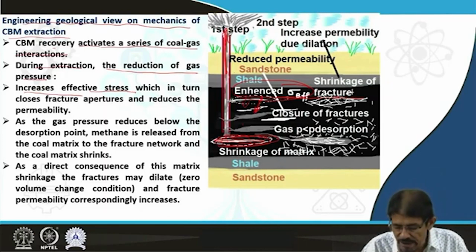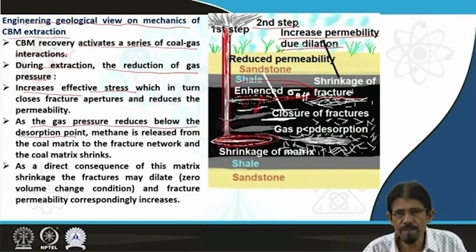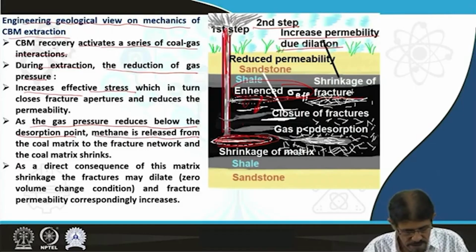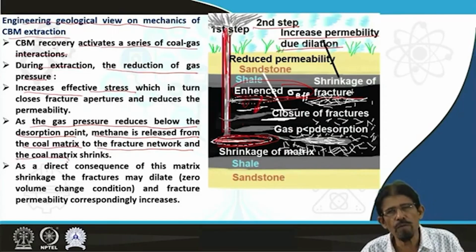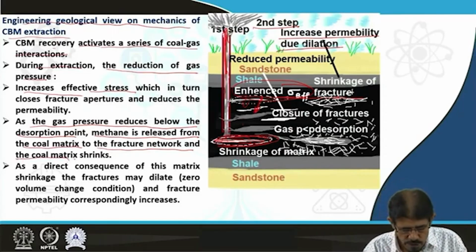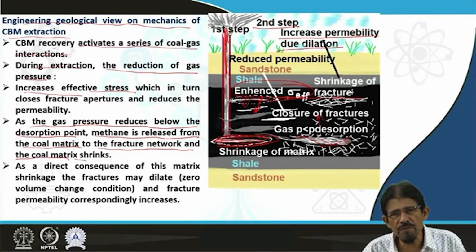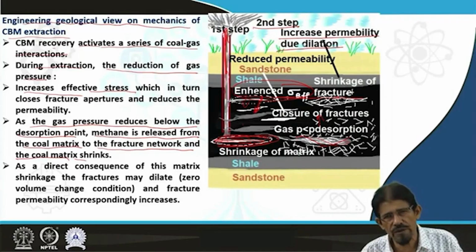Later on, in the second step, there is increased permeability due to dilation. As the gas pressure reduces below the desorption point, the methane is released from the coal matrix to the fracture network and makes the coal matrix shrink. Shrinkage of the coal matrix results in an increase in aperture as well as formation of more fractures. Therefore, there is an increase in permeability.